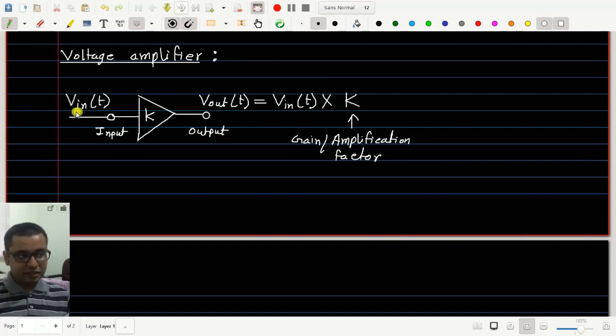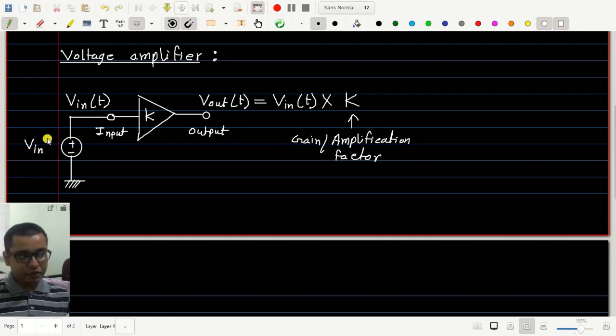Note that here while mentioning this input and output voltage, we are measuring all these voltages with respect to some common ground. So you may connect your input voltage source like this between the common ground and the input of your amplifier.